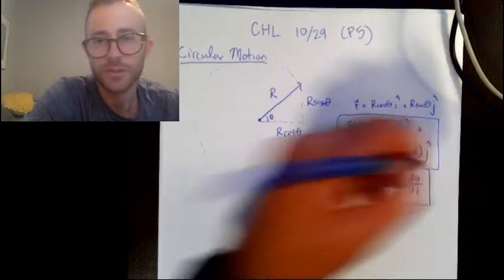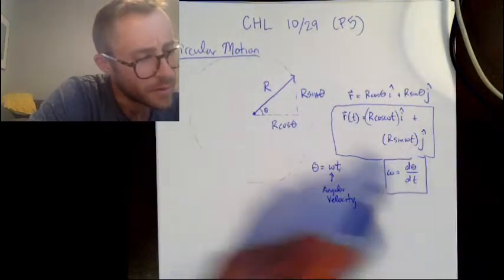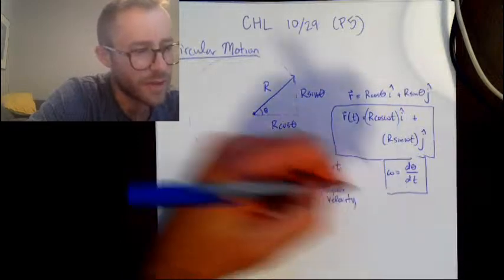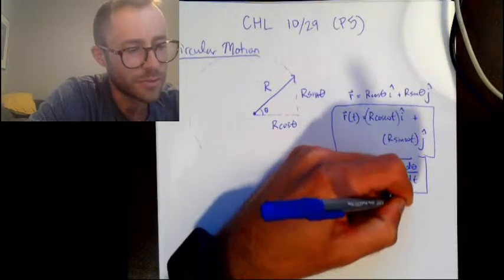There's going to be a lot of definitions in this lesson. So this tells us that the angular velocity has units of radians per second.